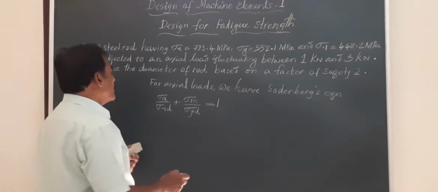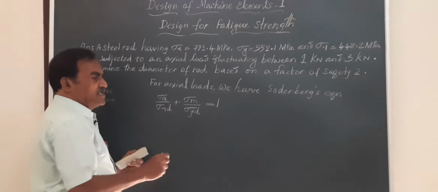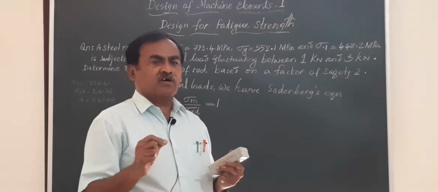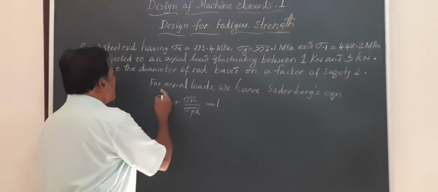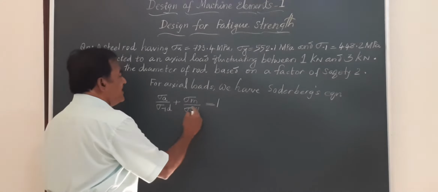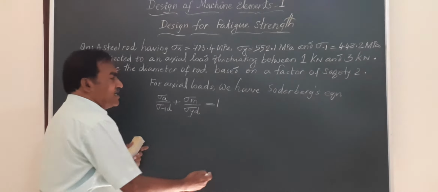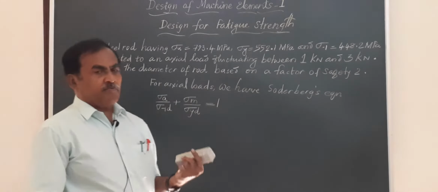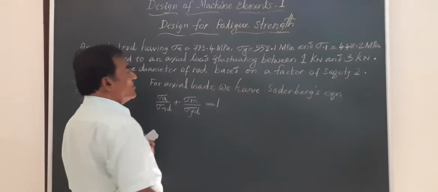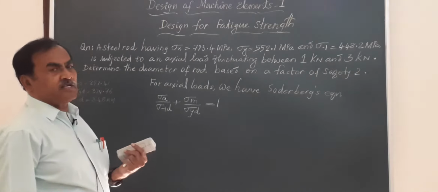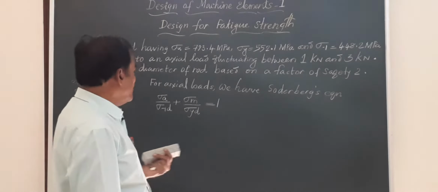So let me start with this sigma_a. Tell what does it stand for and how do you calculate. So we are going to calculate all these four quantities separately, substitute in the formula and obtain the diameter of the rod required to sustain this load fluctuating between 1 kilonewton and 3 kilonewton.